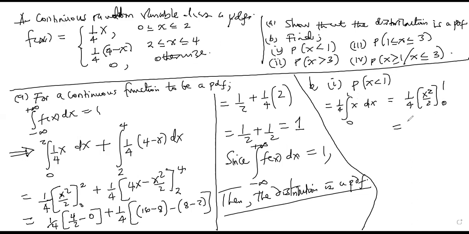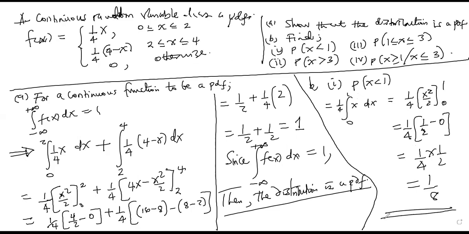When you substitute 1, it will be 1 squared over 2, which is a half, minus 0 when you substitute that. So it's a quarter times a half. The probability is 1/8.